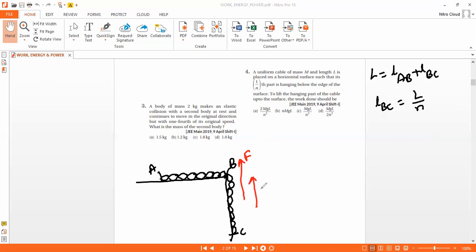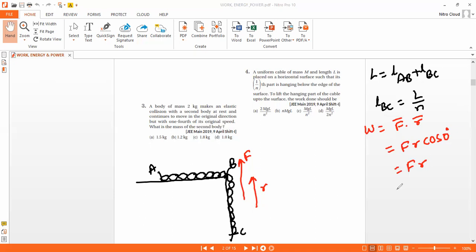So work done equal to F vector dot R vector. Can I write F R cos 0? So it is F R.